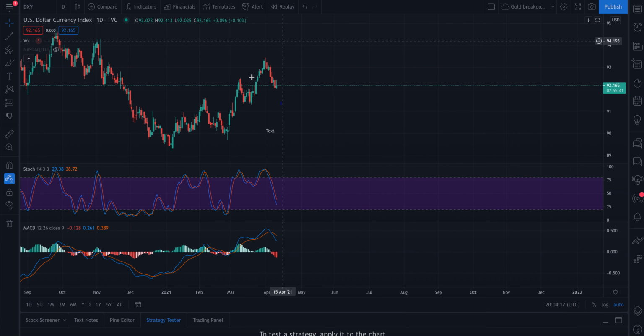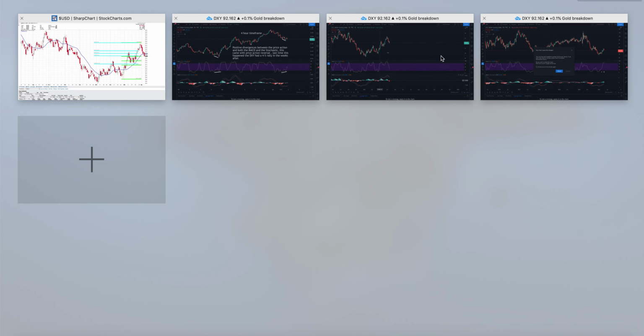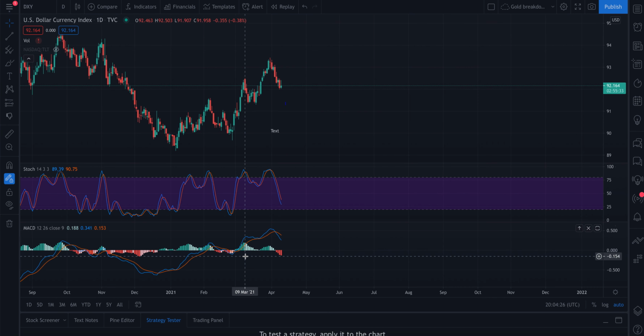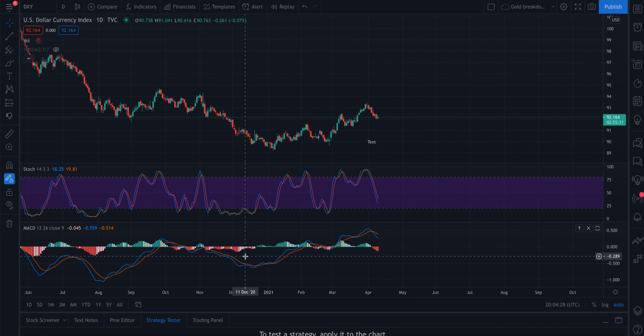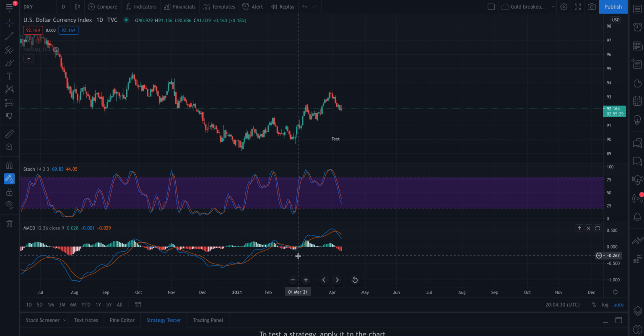So what do we see in the stochastic? Continuation of weakness. Same with MACD. I always talk about the MACD and how important it is. And usually whenever it gives these signals in the daily time frame, it's very reliable. We can see that. You can check it out.